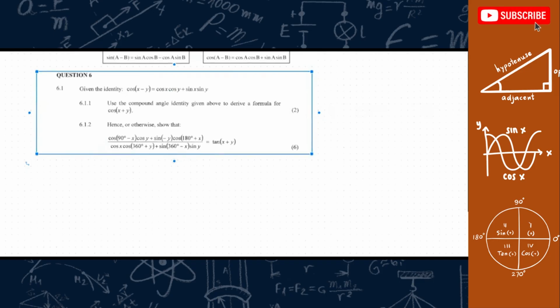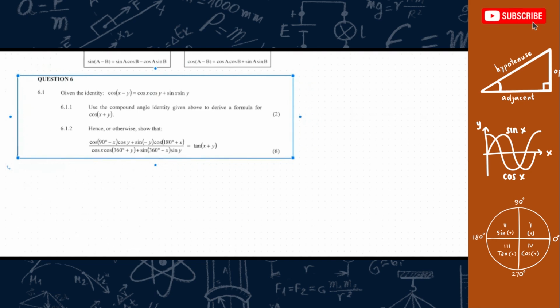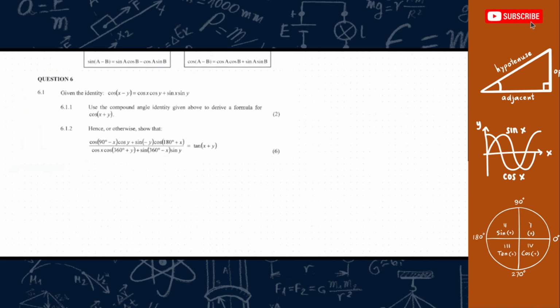So let's work this out. We have cos of x plus y, and they want us to use the minus in order for us to derive what the plus means. What we need to remember is a negative multiplied by a negative would give us a positive.